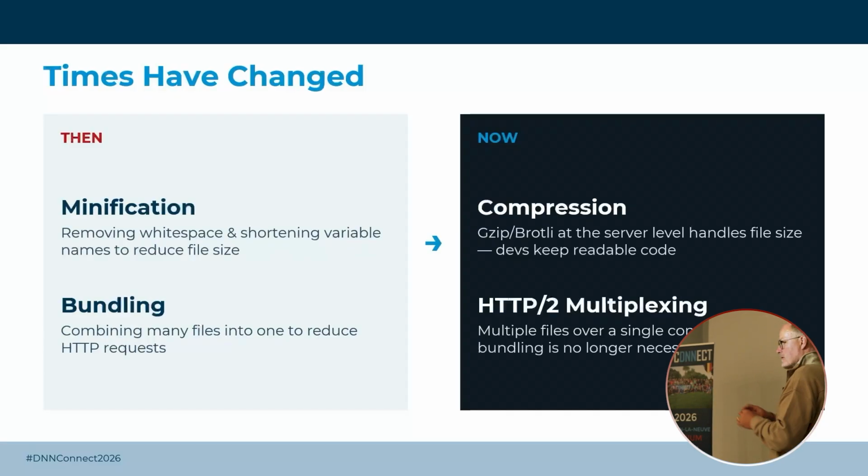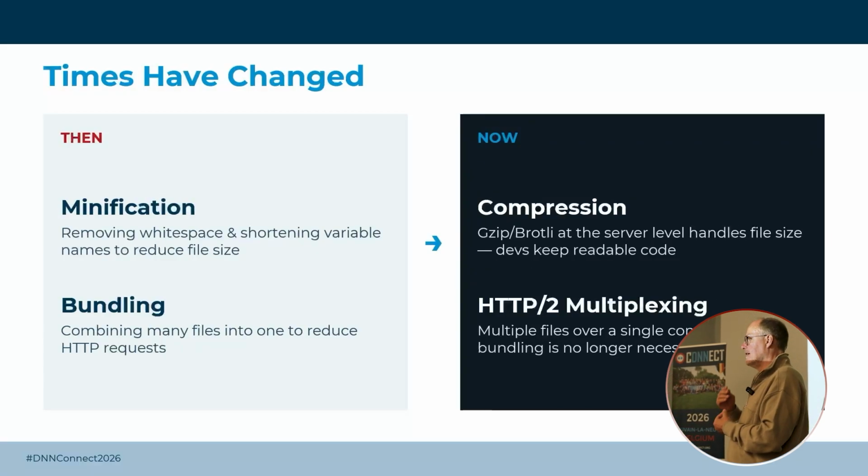Bundling, so combining multiple files into one request, also came from the HTTP 1 days, where you'd have a maximum of 2 requests going in parallel to the server, and therefore your browser needed to stack all the requests, meaning that if you had 10 files to download, it would get them in chunks from the server, and this would speed up the loading of a page.